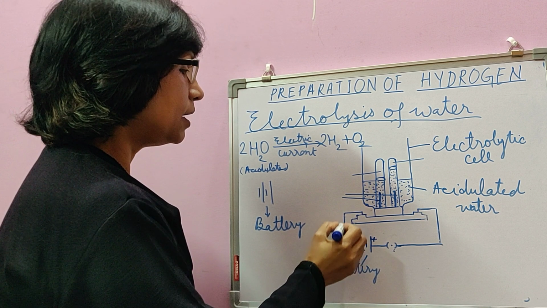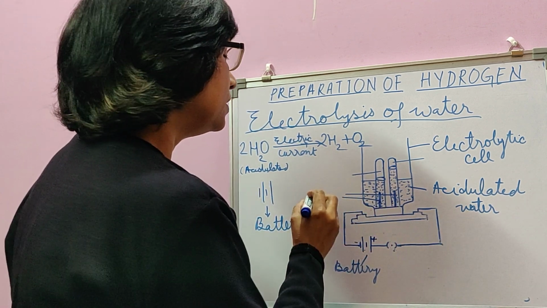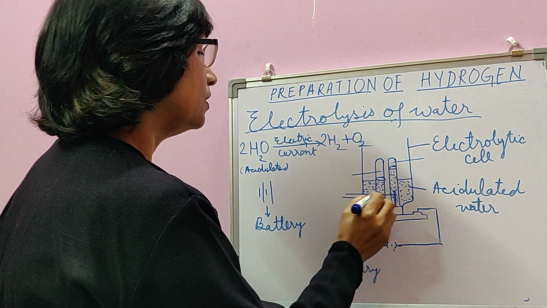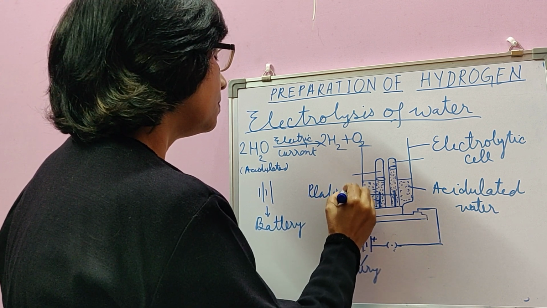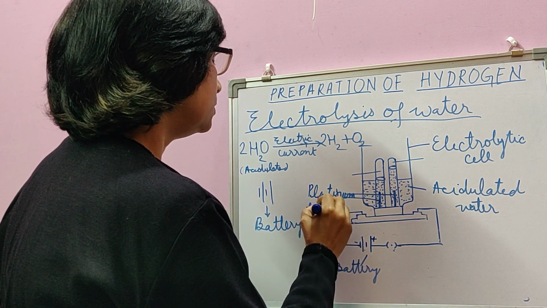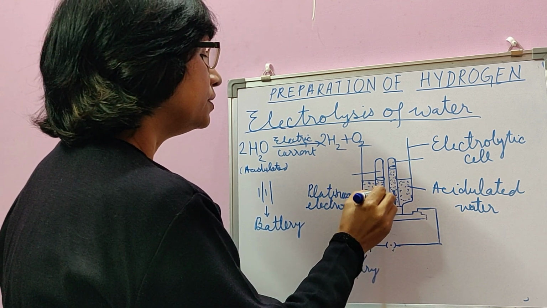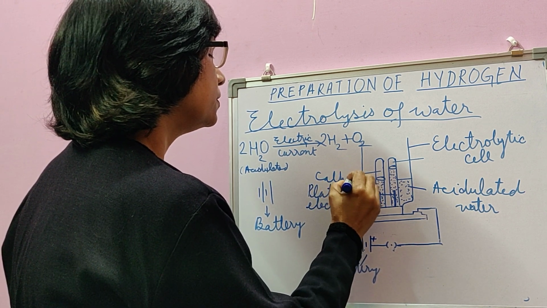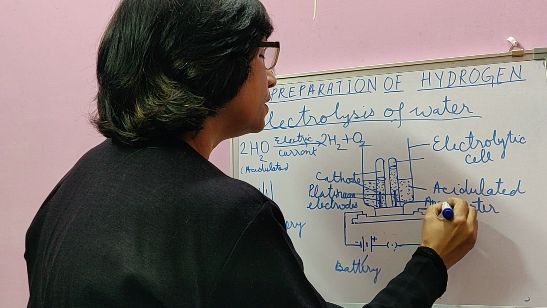The negative terminal is connected to one of the platinum electrodes, and this one is said to be cathode because it is connected to the negative one. Both together are platinum electrodes, but out of which this one is cathode and this one is anode.